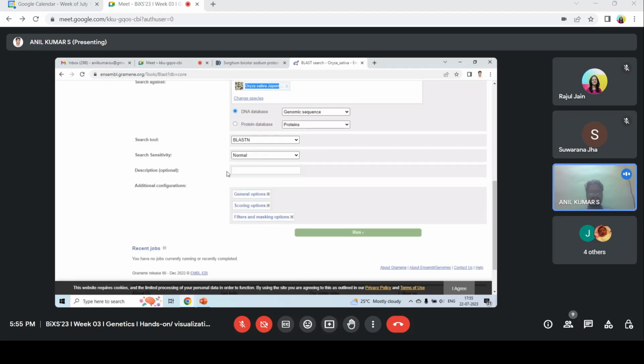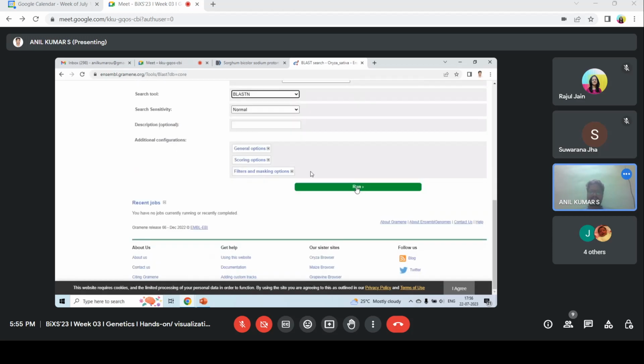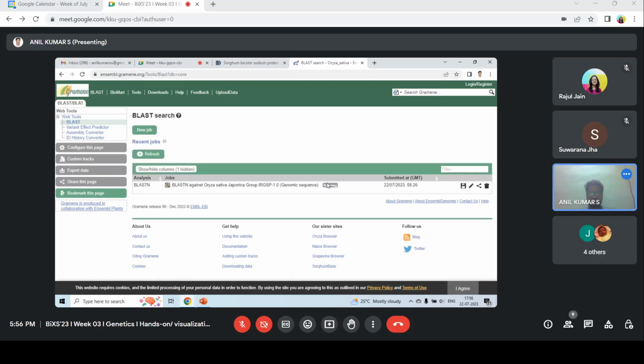Now coming back, the search tool will be BLASTN because we are using nucleotides, and you need to take BLASTN only. Just click on the run option. Your result will appear in 10 to 15 seconds. Here you can see the blast that you have submitted is running. Once this run is completed, you will get the results.